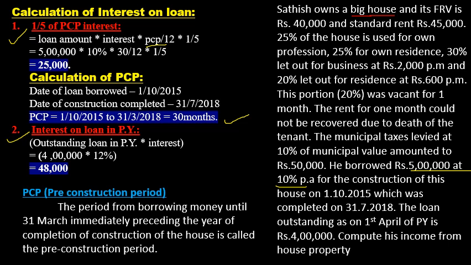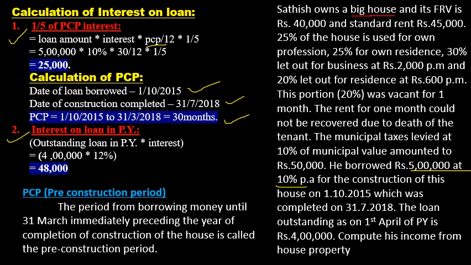How to calculate? With the help of the date on which the loan was borrowed and the date on which the construction was completed. Here the loan was borrowed on 1st October 2015 and construction completed on 31st July 2018. The PCP starts on the date on which the loan was borrowed, here 1st October 2015, and ends on 31st March prior to the date on which the construction was completed.